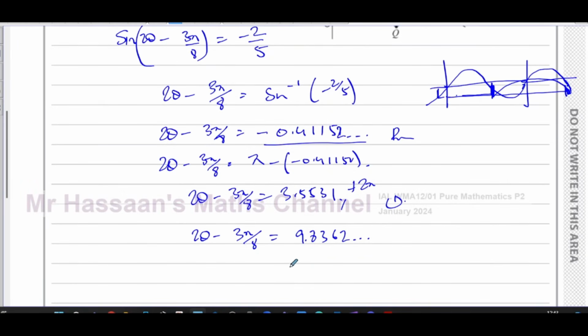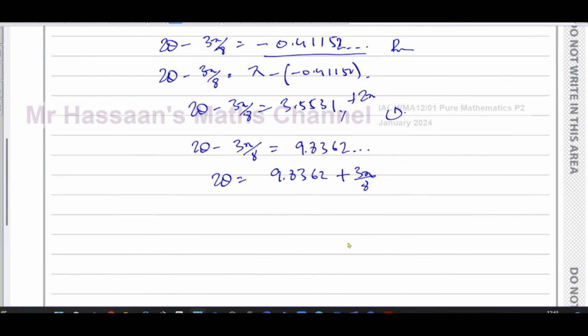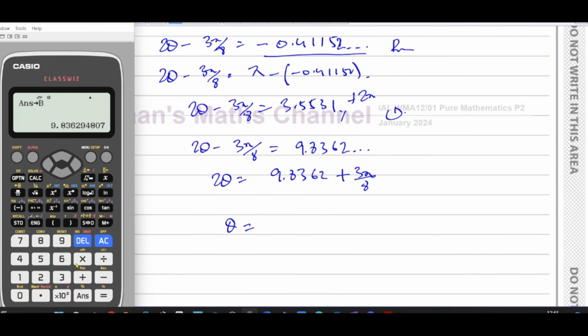So we have 2 theta equals 9.8362 plus 3 pi over 8, and then divided by 2. So we're going to take this answer, add 3 pi over 8 to it, and then divide by 2.